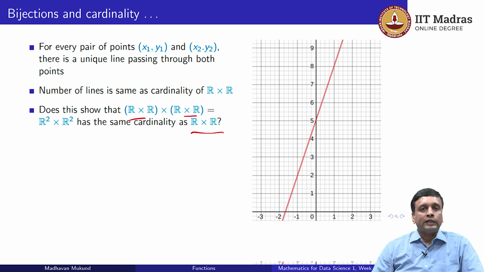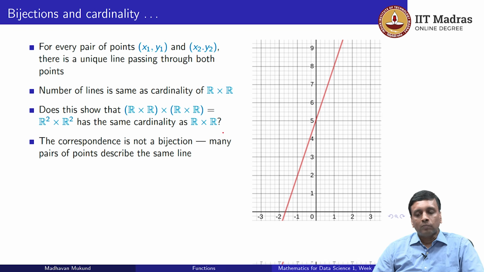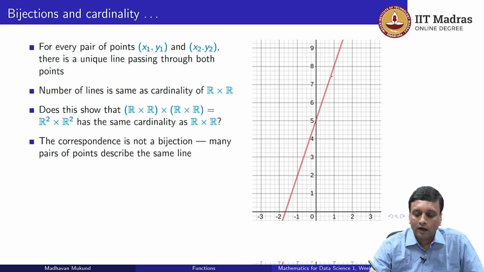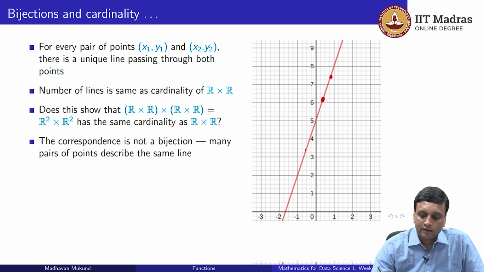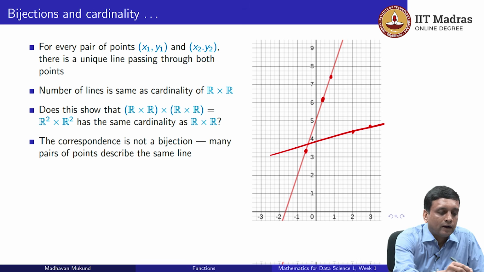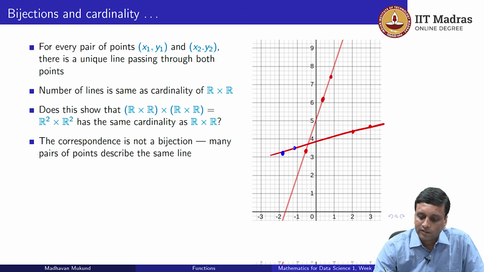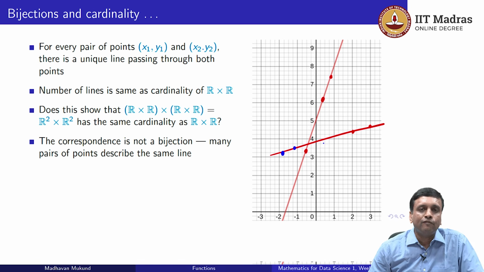The important thing is to ensure that we have a bijection. The problem is that this is not a bijection, because along any line we have many points. If I take these two points, indeed it forms a unique line, but I get the same line if I take these two points, for instance. So it's not the case that every pair of points that I pick generates a different line.